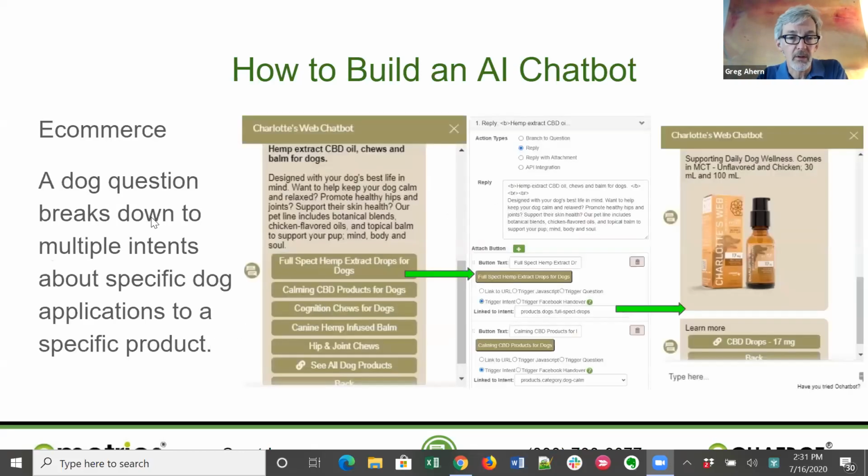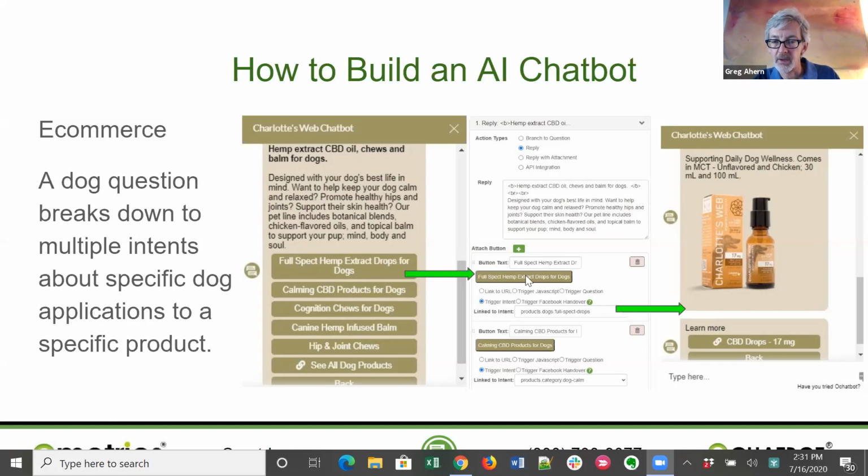Here's an example of the person asking about a CBD for their dog. And so once they asked that question, it broke down, well, what exactly are you looking for? You know, calming your dog, the full spectrum hemp stuff. And then from here, it pulls out the intent that it's listening for.